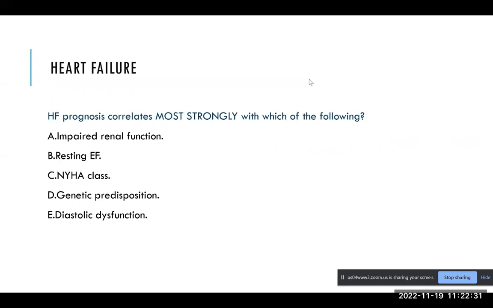We might have recommendations soon about this, since all the questions we had in the past suggested that ARNI can be started, so I think ARNI will soon be started for stage B. According to the last American guidelines, stage B gets only ACE inhibitors or ARBs, but not ARNI.